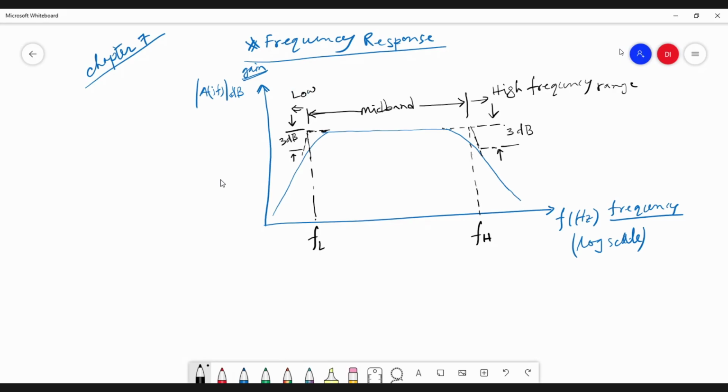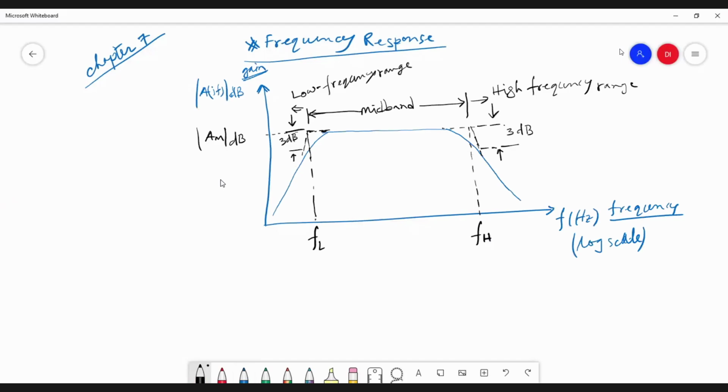This constant amplitude is called the midband amplitude, AM in dB.